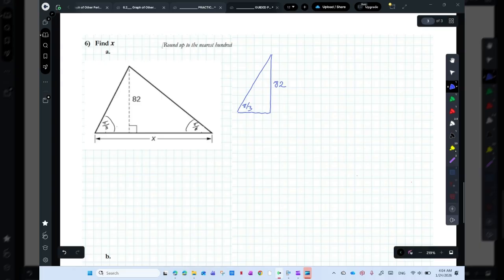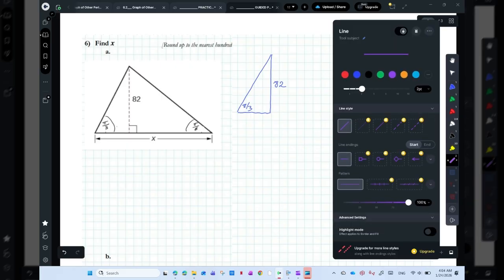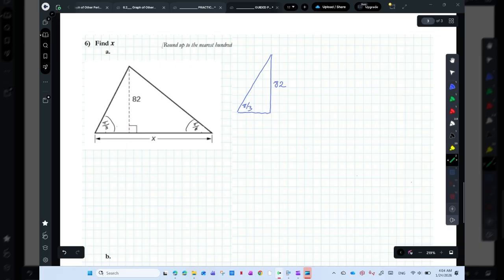And I'm going to figure out this side, which corresponds to this one.